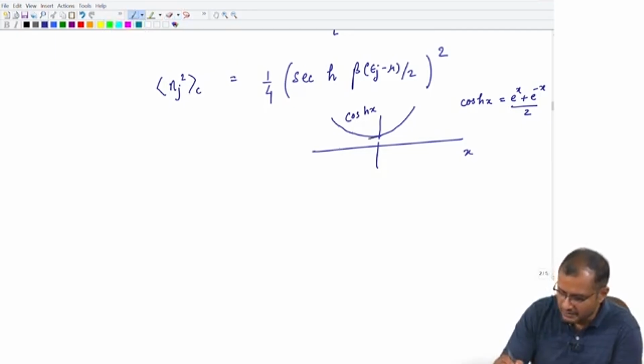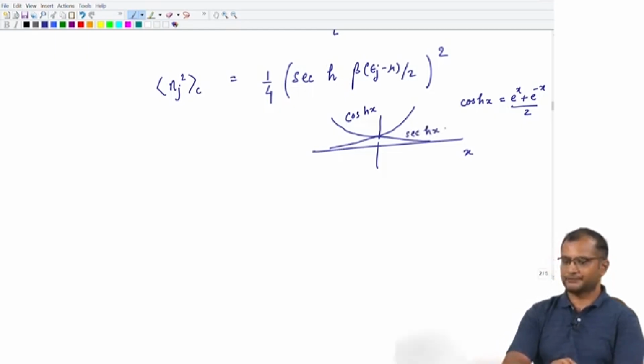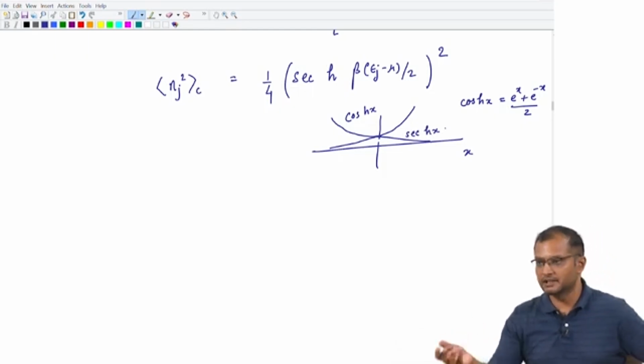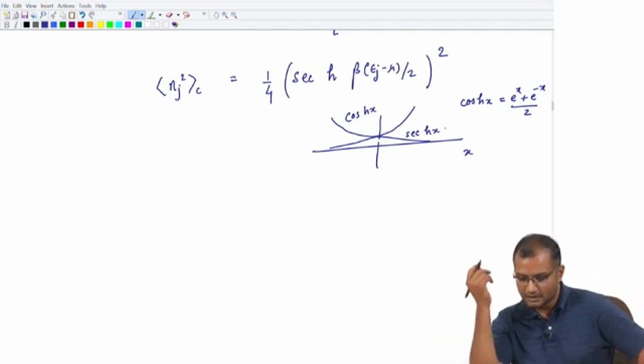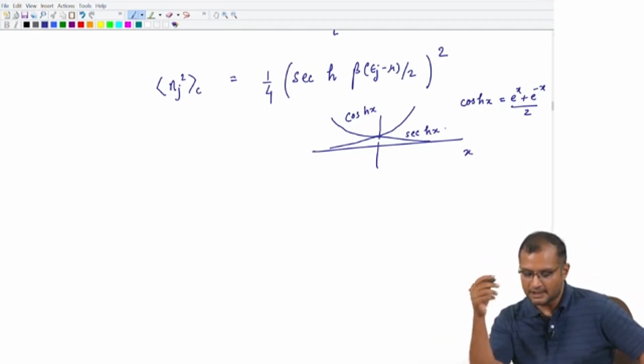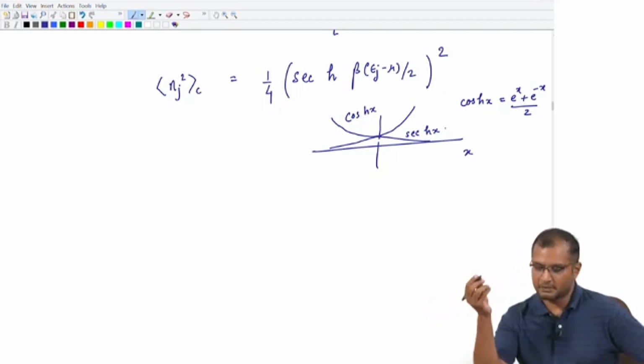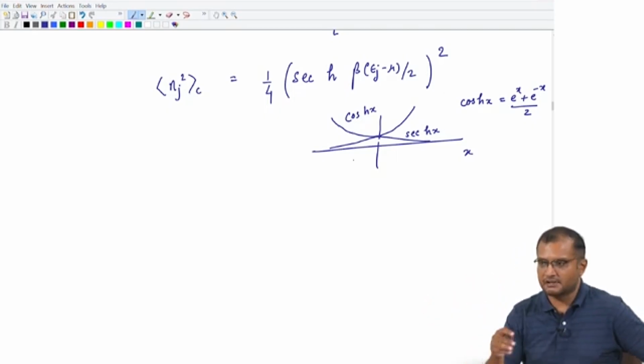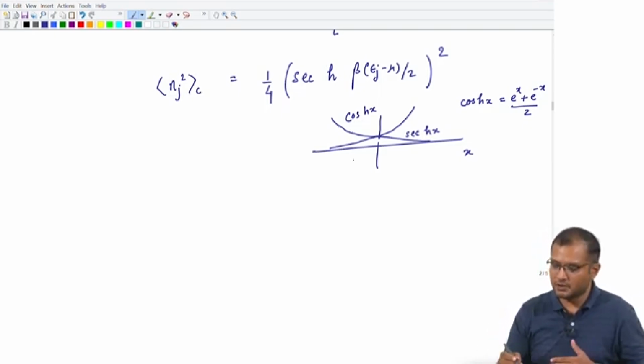I just have to make the infinity go to 0. This is sech, because when cosh goes to infinity, it will go to 0. And sech squared will go even faster than sech. So, this would go to 0 much faster.